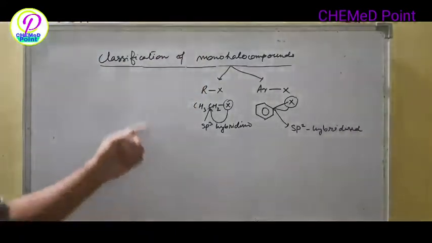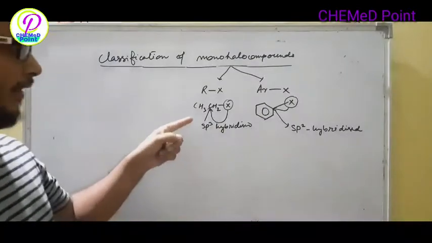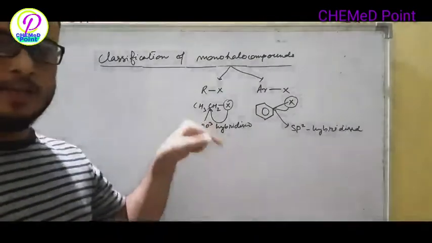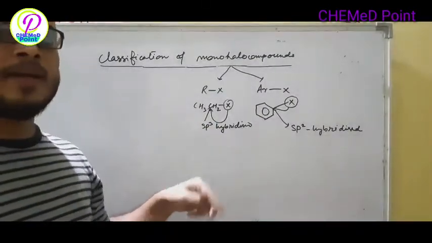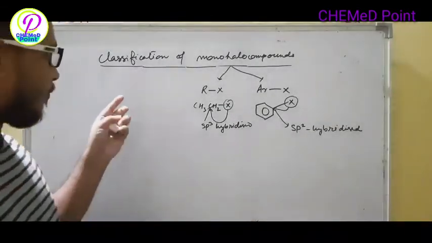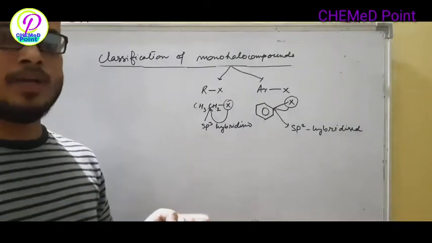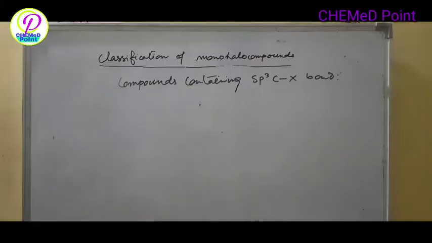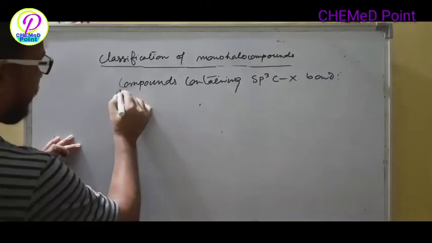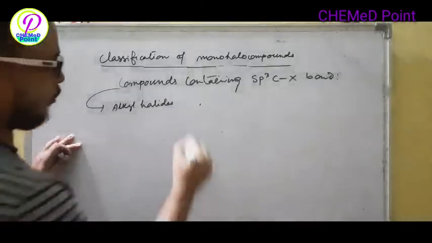Now we can classify monohalo compounds on the basis of hybridization, that is, the carbon to which the halogen atom is attached may be sp3 hybridized or sp2 hybridized. Let us first start with compounds containing an sp3 hybridized carbon-halogen bond. In this category the first classification is alkyl halides or haloalkanes.